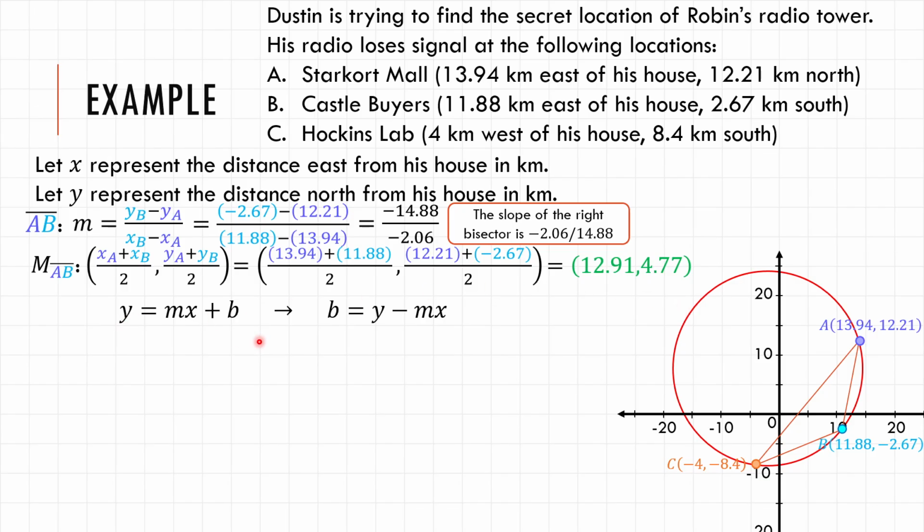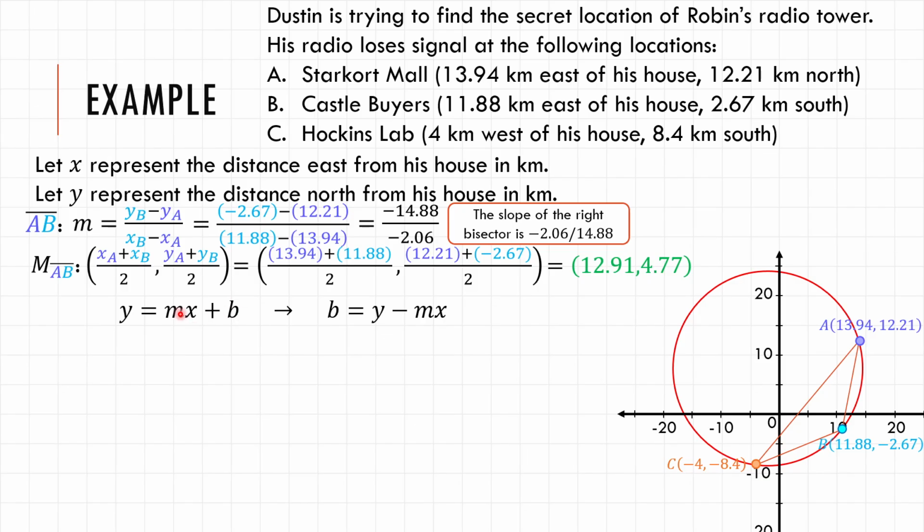The last thing is I need to find the y-intercept, right? I have the slope of the right bisector. I need the y-intercept, which is b. And to actually find b, I need the other two values, x and y, and now I actually have those because that's the midpoint of A and B. Just to isolate b, I'm going to do it algebraically first without substituting anything in.